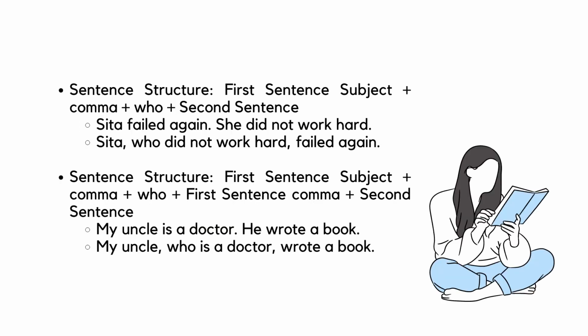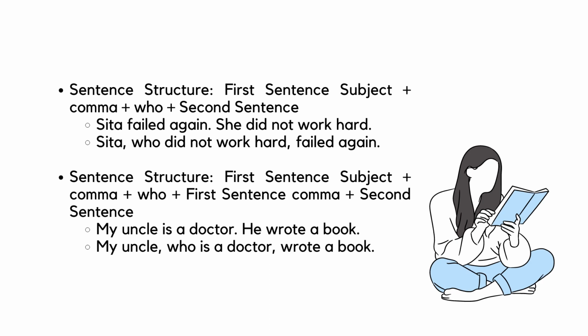The second sentence structure is first sentence subject plus comma plus who plus second sentence and then comma and then first sentence. Let us understand it with an example. Sita failed again. She did not work hard. We shall write this sentence as Sita, who did not work hard, failed again.